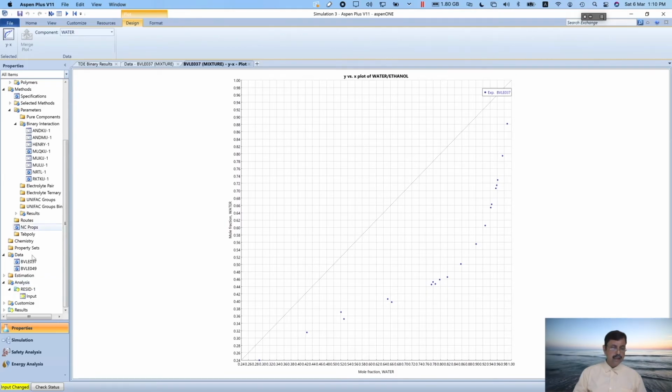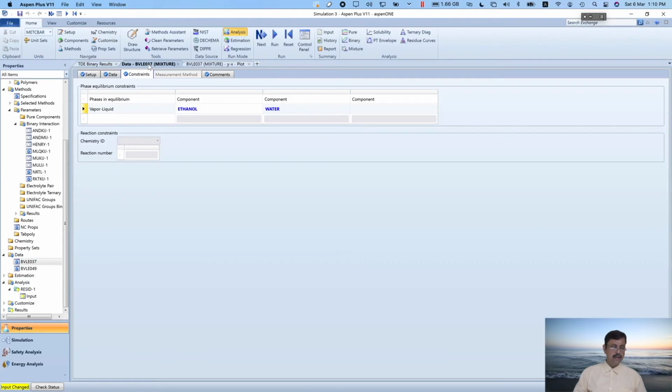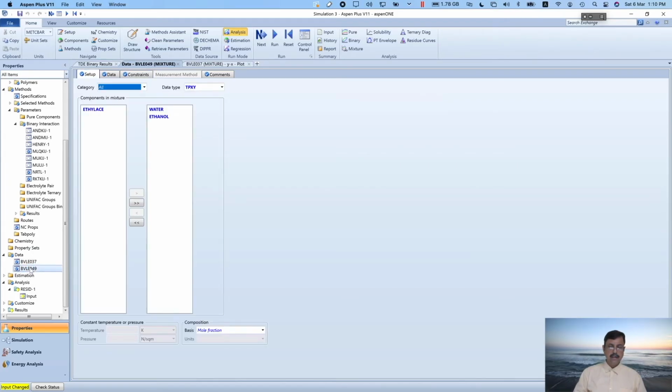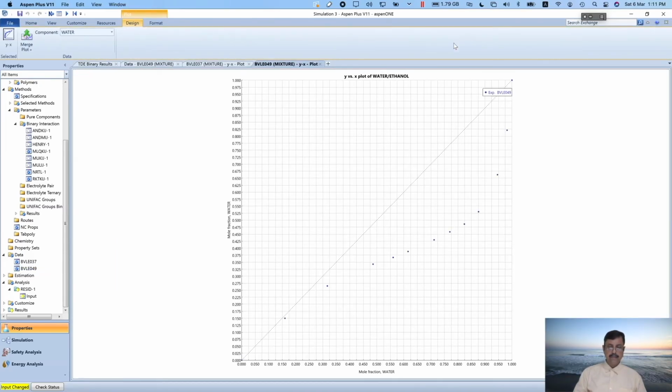Now let us take the second data set. Here also we can generate one plot. Okay, so here also we got another plot of water ethanol.